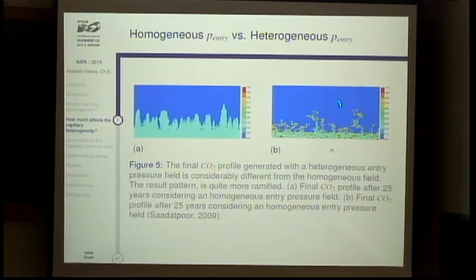I think this has a stratification ratio of longitudinal to transverse of 3. Yeah, so then you distribute that over the whole field. Yeah, yeah. I'm going to explain how to generate the heterogeneous entry pressure field from the intrinsic permeability field.